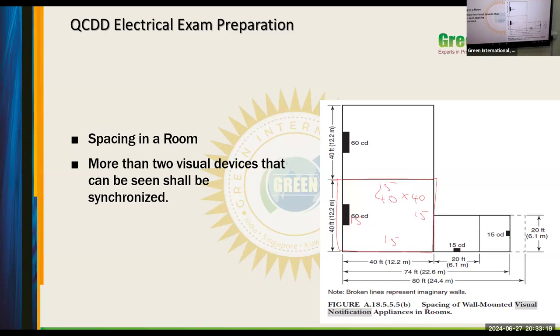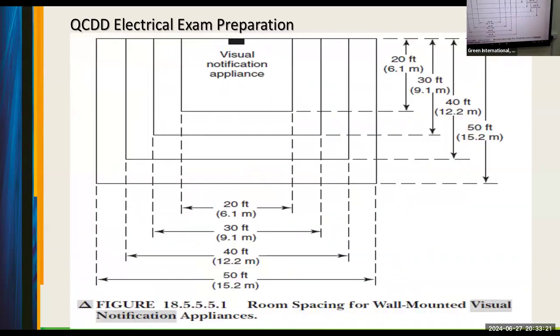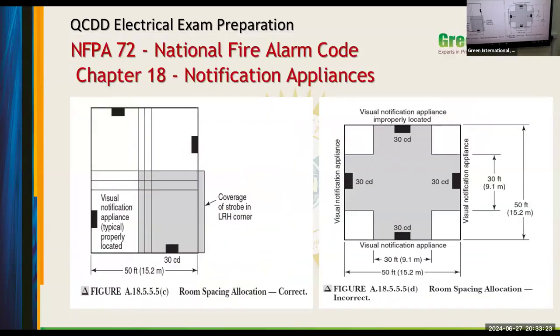The second question is where we need to place them, that is spacing. We are not able to keep the visual notification like this. Suppose if you keep it here, this area is not covered. So we need to keep the notification devices like this.